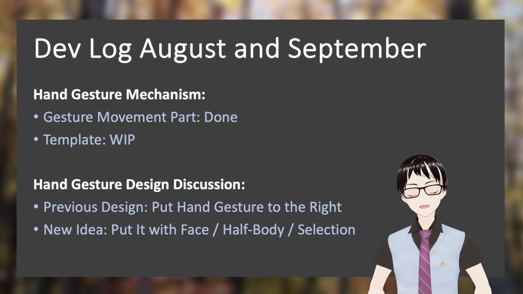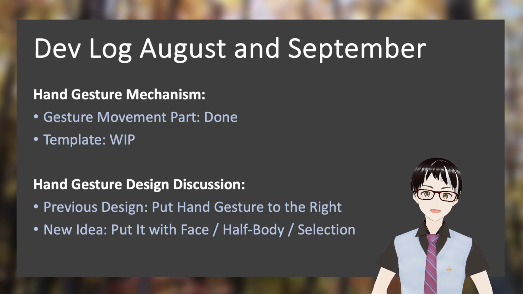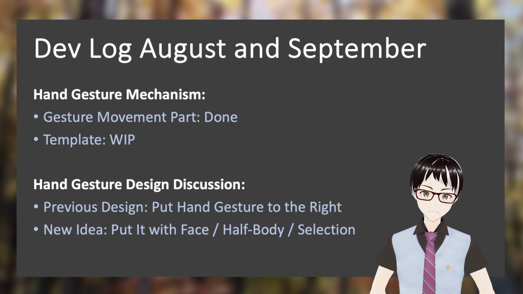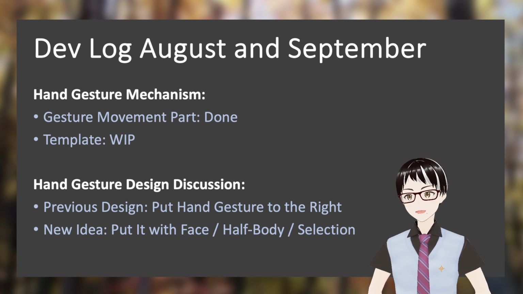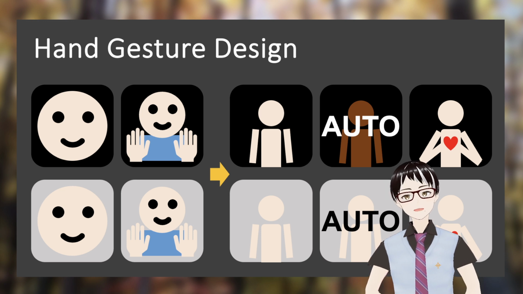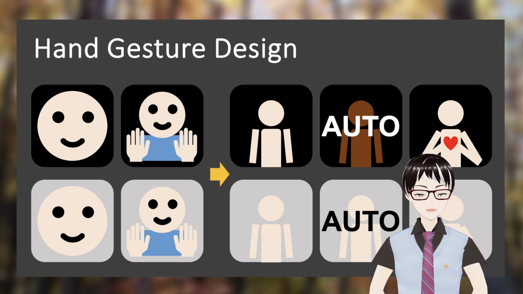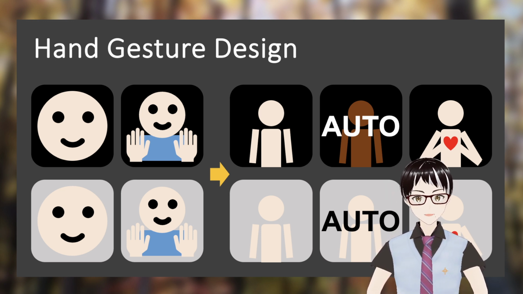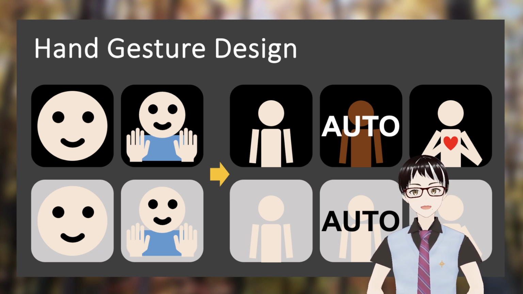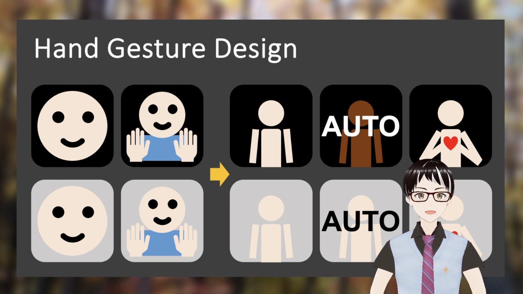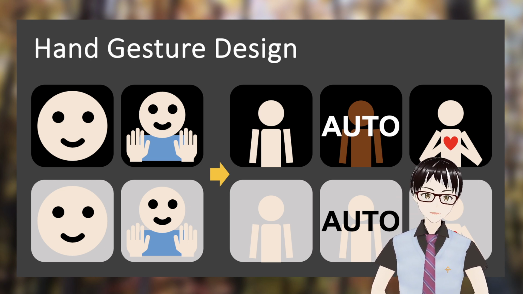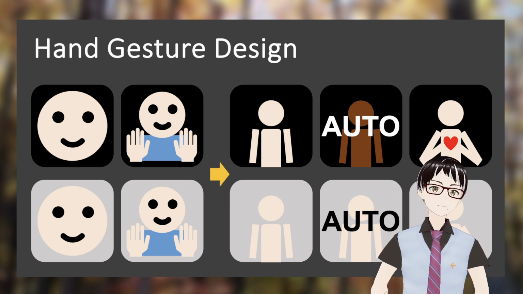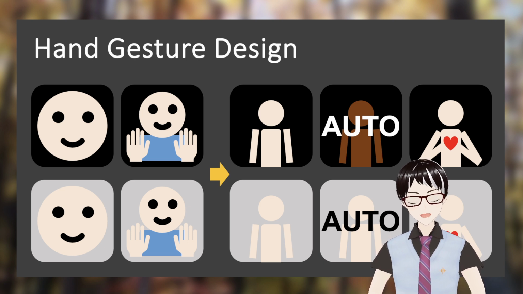They just need to know that they are selecting a normal pose or an automatic gesture detection. So instead of the current face only or half body, face plus hand model, we change it to automatic gesture detection, like what we are able to do now, and other gestures that you can also select.